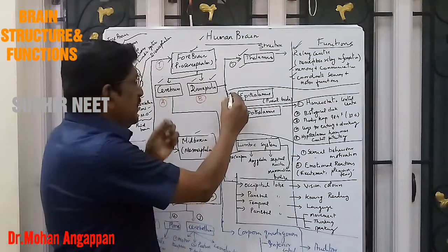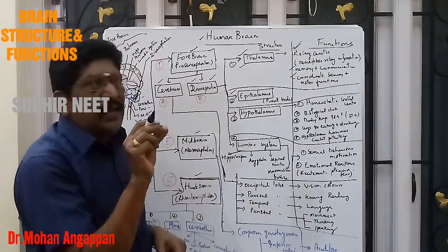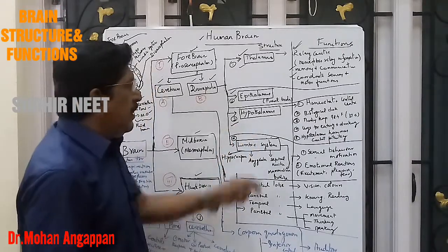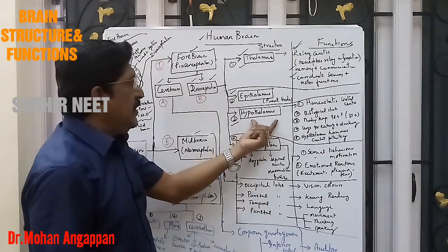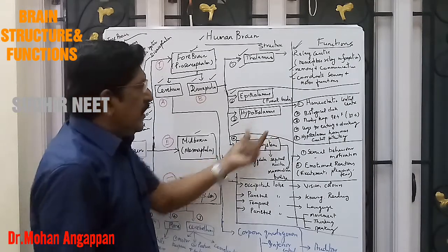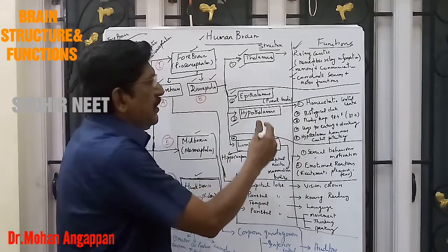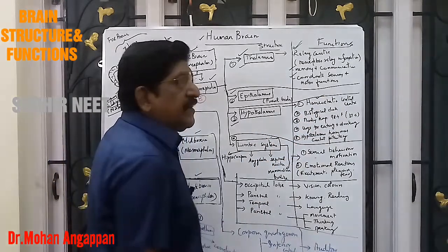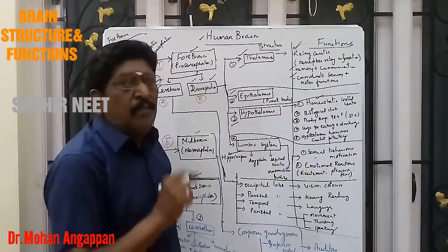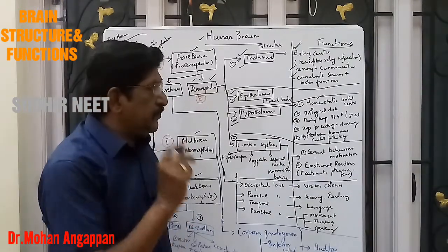Then the next part is the epithalamus. It is the pineal body of the brain. Next, the hypothalamus, another important part of the forebrain or prosencephalon. It functions mainly as a homeostatic control center. It controls the homeostatic processes of our body.